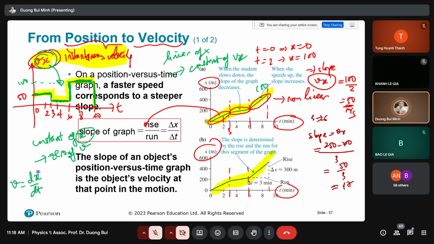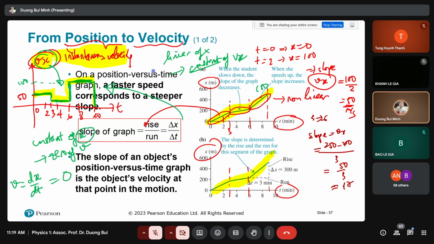So if x is constant, the derivative of x will be 0. If x is linear, the first derivative of x with respect to time will be constant. I hope you got it.